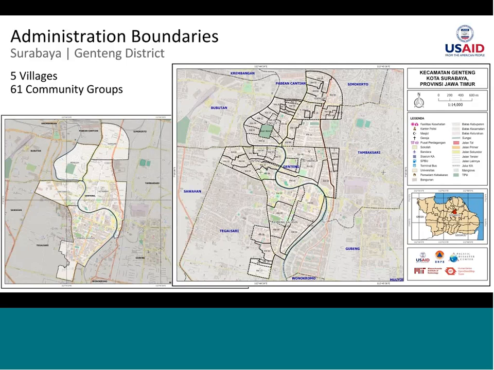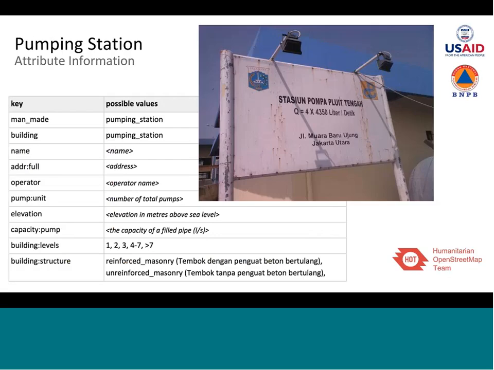To map out the administration boundaries, because this changes quite quickly from year to year, we actually have a team of local data entry specialists sitting down with village leaders to identify and discuss the admin boundaries, and then together they draw the current boundaries onto a printed map, which is then digitized back in the office in OpenStreetMap, so that data is then available to be pulled into the InAware platform, but also available for anyone else to use for their own purposes.